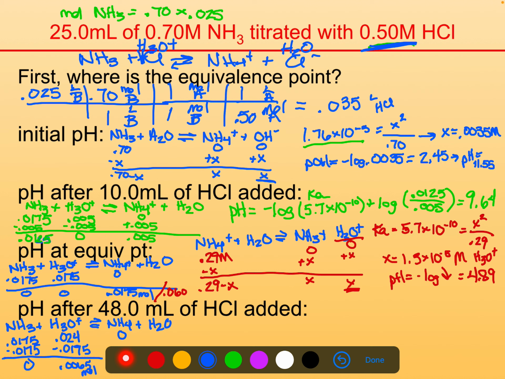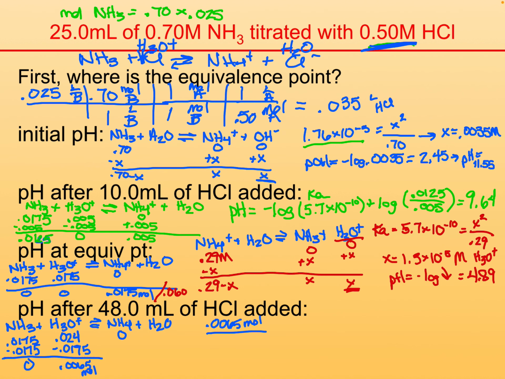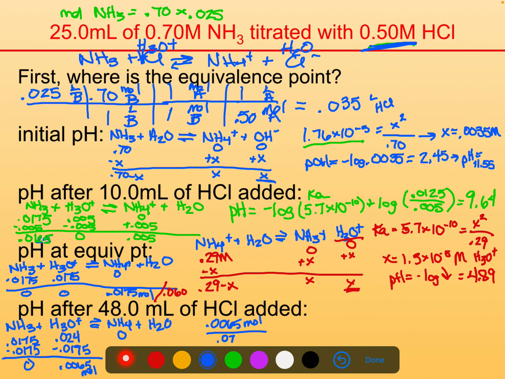Now, since we know hydronium, we can immediately find pH. But remember, pH uses molarity, not moles. So we do have to find our molarity. So the 0.0065 moles divided by the total volume. So the 25 milliliters of base plus the 48 milliliters of acid is 73 milliliters, or 0.073 liters.